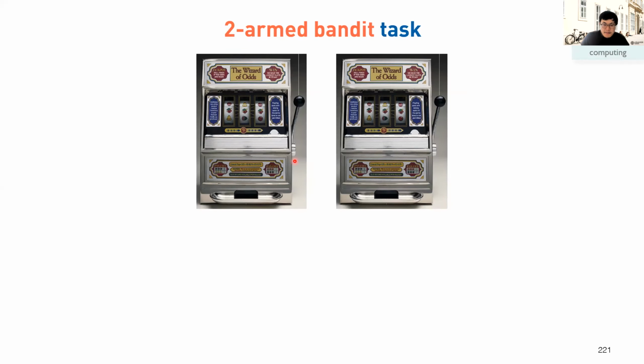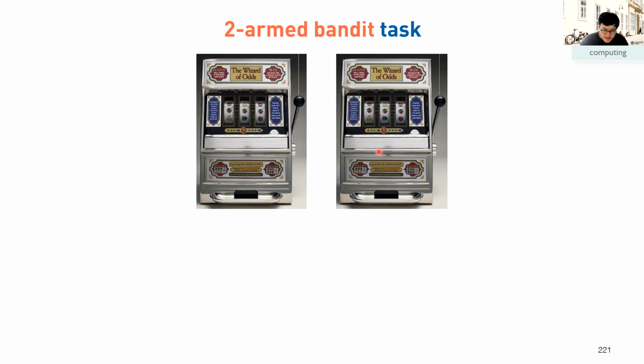Even though I'm telling you now that one is more rewarding and the other is not, in a real-life scenario, you never know. There are just 2 machines that look identical, and the underlying algorithm of each machine is programmed differently by the boss, the owner of the casino.